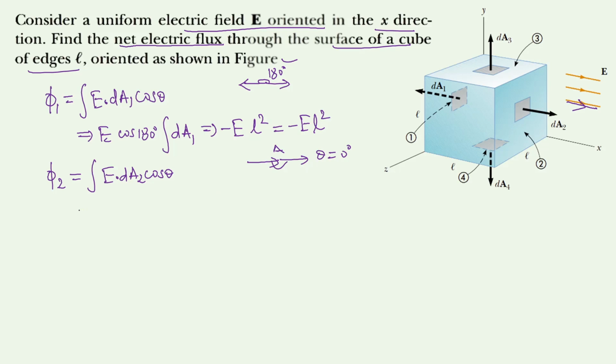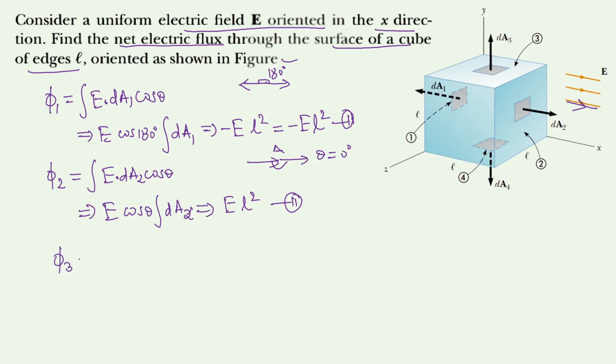Theta is equal to 0 degrees, so E cos theta dA2, on solving this, we get E L square. This is considered equation number 2, and the earlier one is equation number 1.